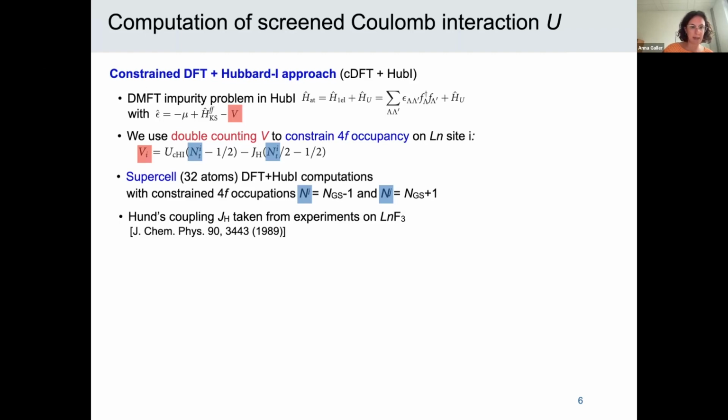So here in the double counting formula, this N_T is the target occupancy of the 4f shell on a specific 4f site.